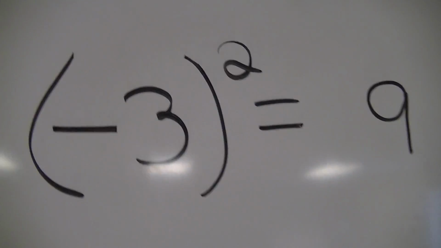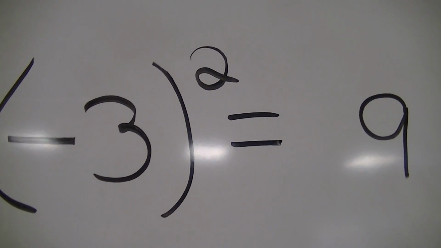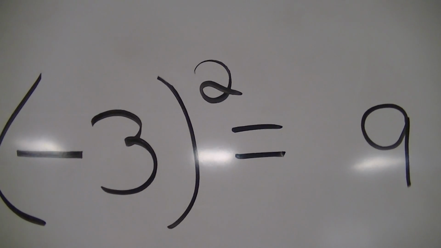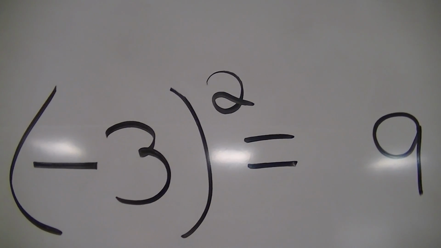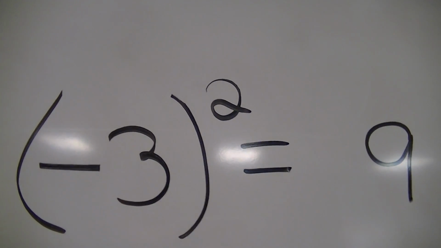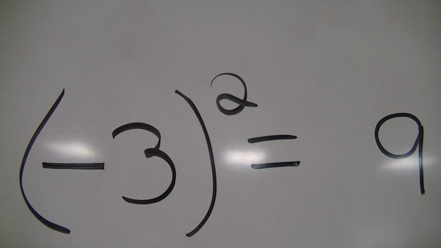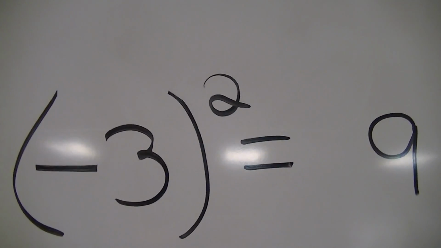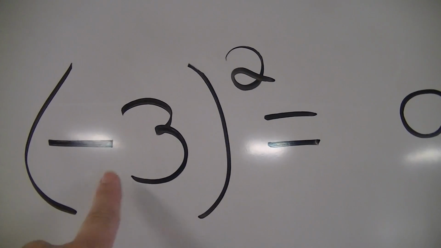All right, up here, if I have negative 3 squared, negative 3 times negative 3 equals 9. Whenever I have an even exponent, like 2, 4, 6, 8, 10, and I have a negative number, negative times a negative means it cancels out. However, notice, in this case, the negative sign is inside of the parentheses.